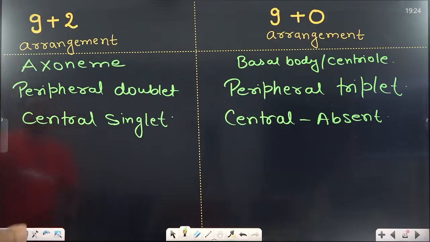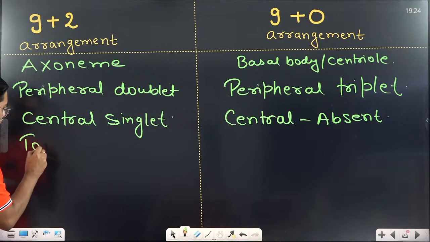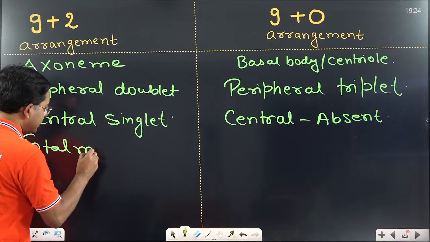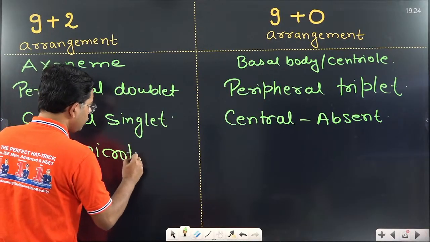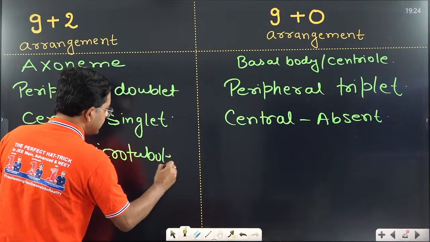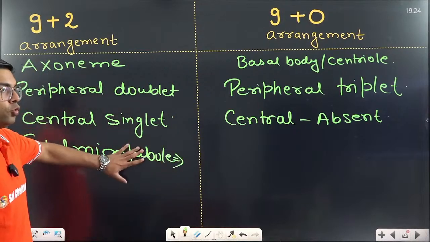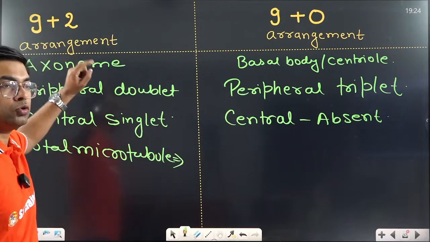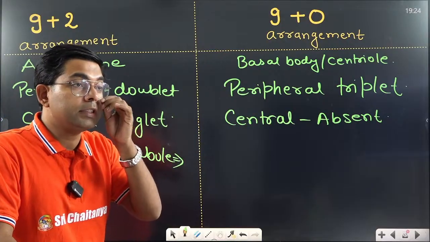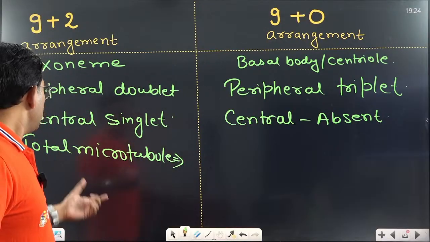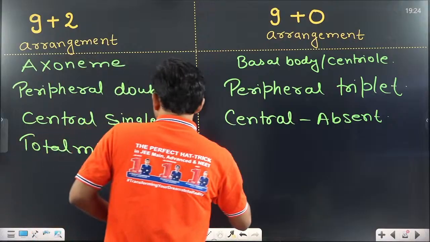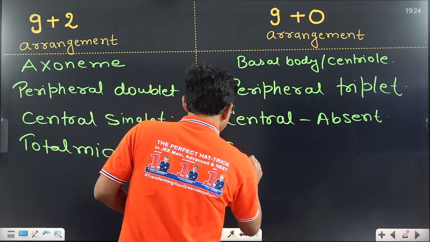Then further, total microtubule here is, tell me the answer. Tell me total microtubule in 9+2, and total in 9+0. Quickly, let me see who can answer first.